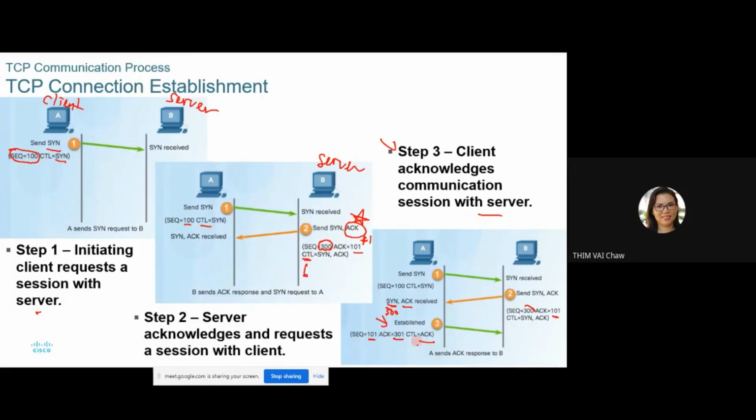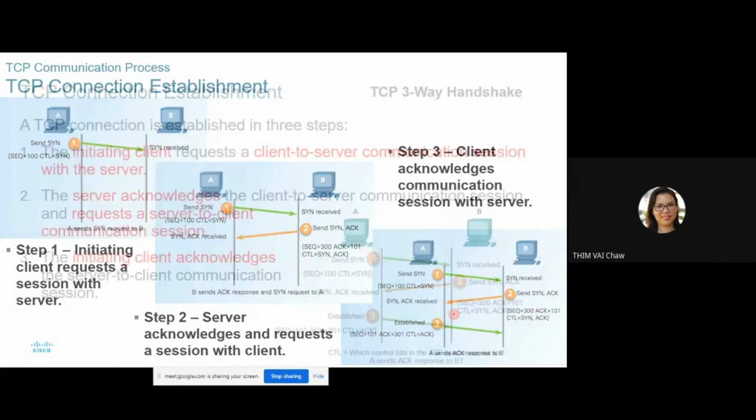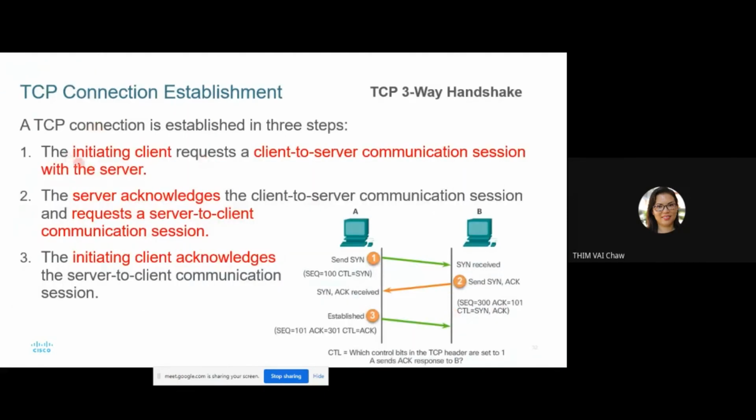1, 2, 3. So the client is the one initiating. The client requests a client-to-server communication session. Then the server does an acknowledgement, knowing that you want to communicate with me, client to server communication.